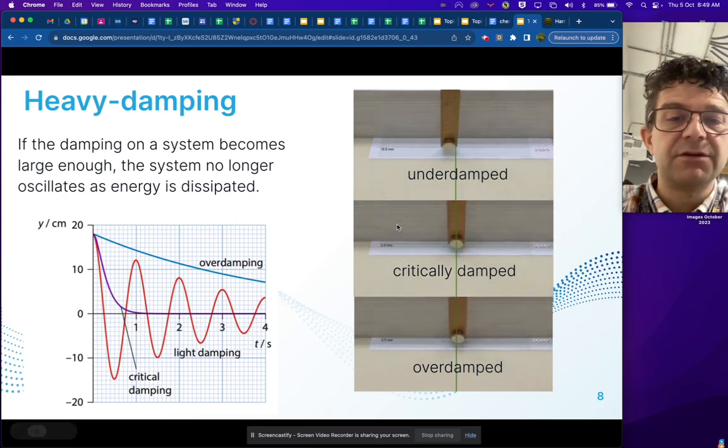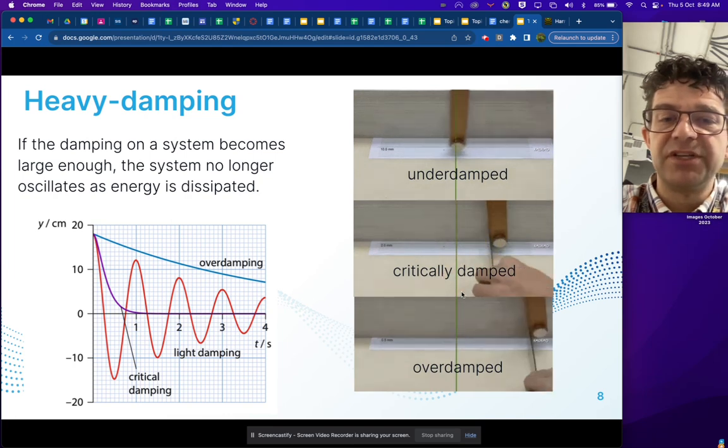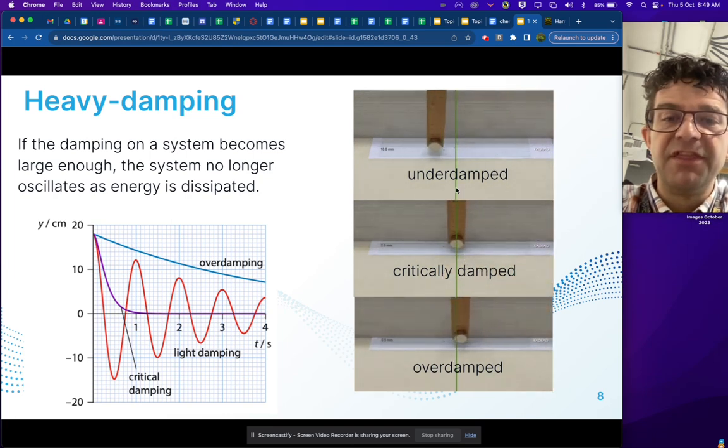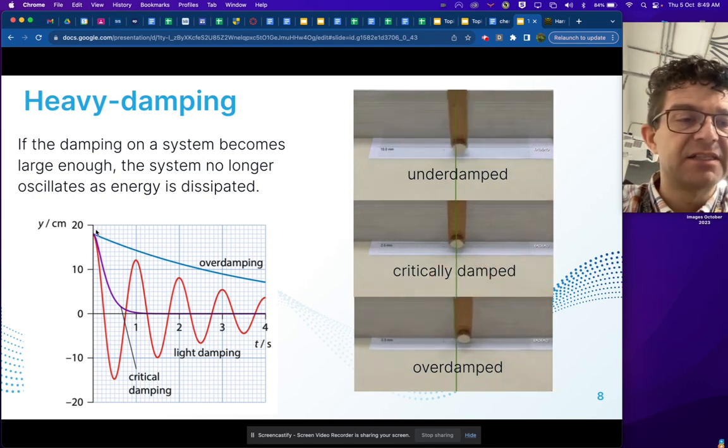The point where we transition between underdamped and overdamped is known as critically damped. The pendulum in this case never moves across the center line. It only reaches the center line, but it does so as fast as possible.